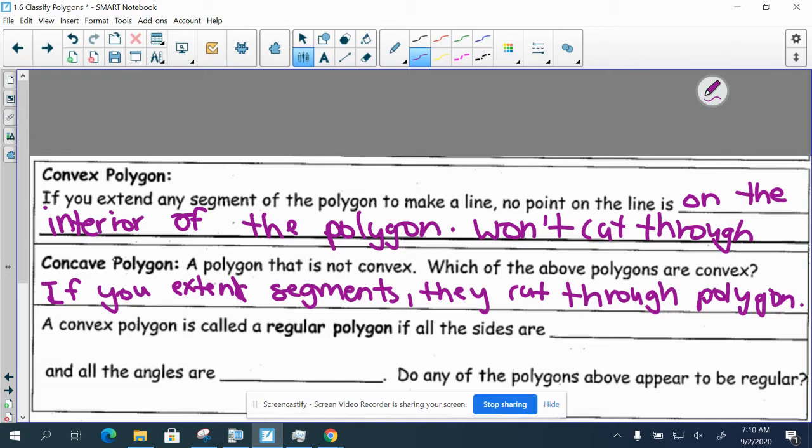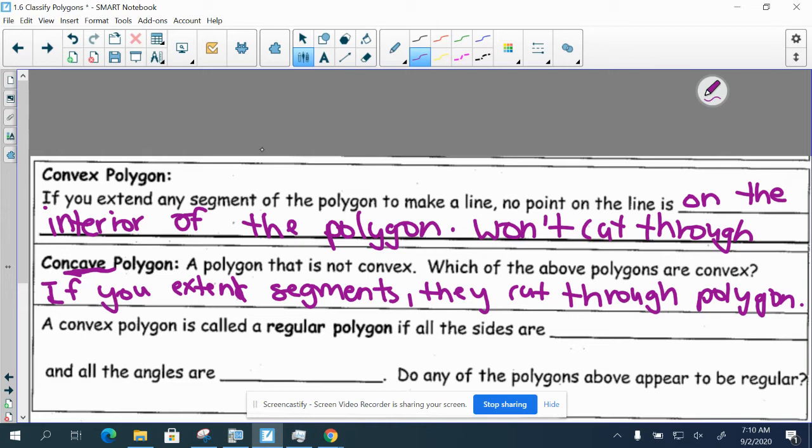Here's the way I like to think about it. Concave has the word cave in it, and it's like if you extend the segments and it goes through the cave, like inside of the cave representing the polygon, then it's concave. That's a little trick I like to use.